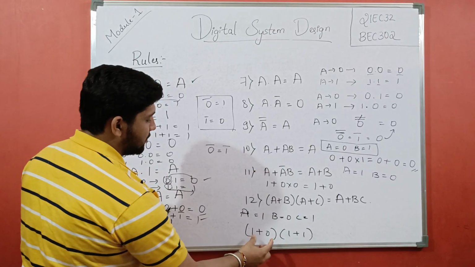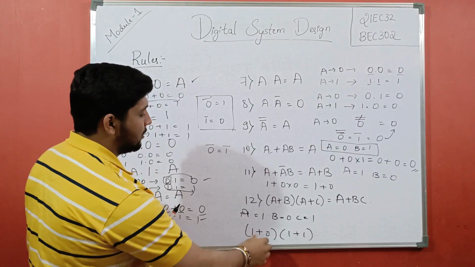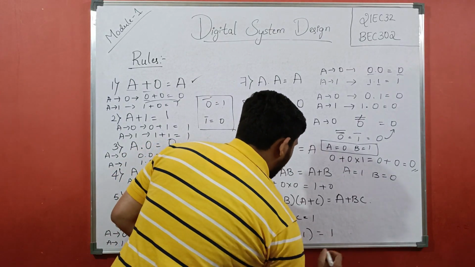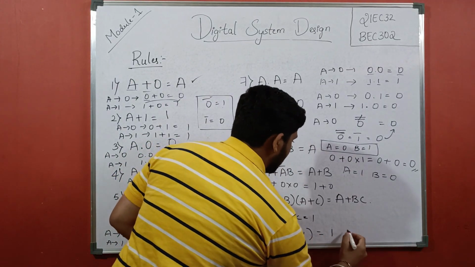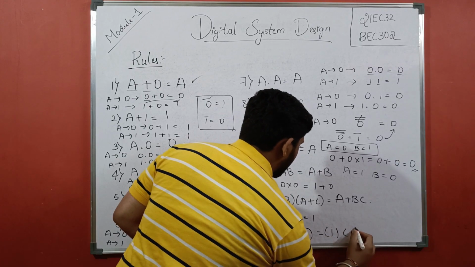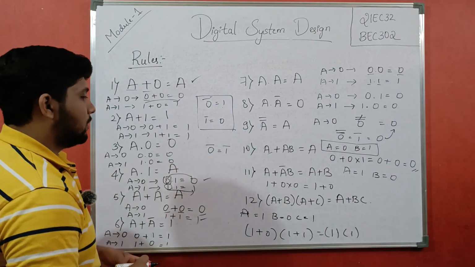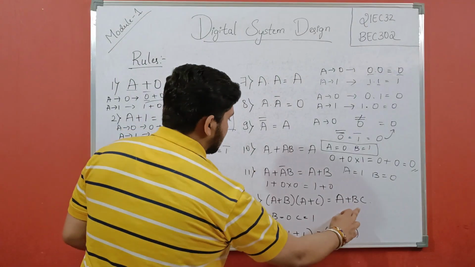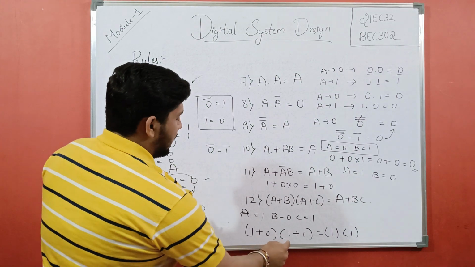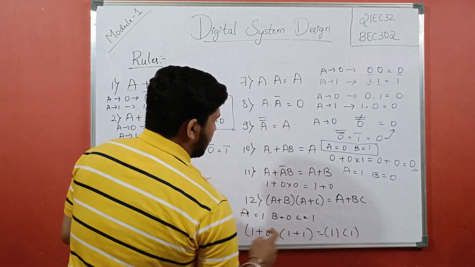So first you have to give preference to the numbers inside the brackets. So 1 plus 0 is 1. Okay, and 1 plus 1 is actually 1. So here 1 plus 0 and 1 plus 1 is equal to 1 into 1, right?